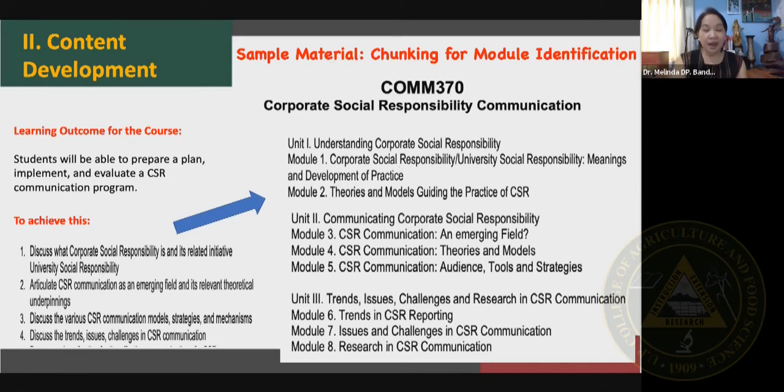So there are 8 modules here for the learners to be able to achieve this final learning outcome for the course. So yan yung isang example. Meron ako for each module here, meron akong module guide na tinatawag. Okay?